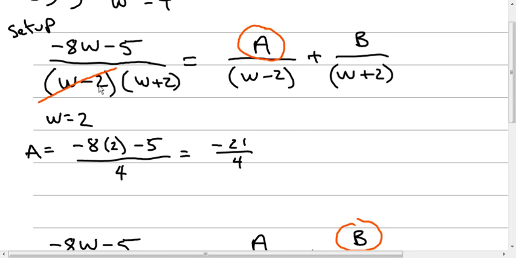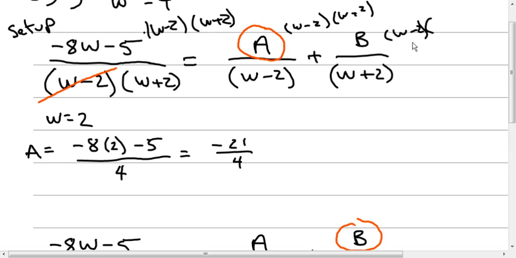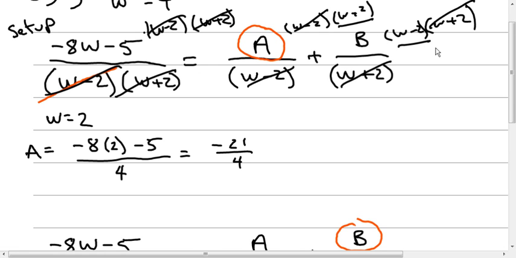And of course, we could have alternatively multiplied both sides of the equation by W minus 2, W plus 2, and we would have gotten cancellation here, here, and here, and then we would have minus 8W minus 5 equals A times this, B times this, and solve in a more conventional way.